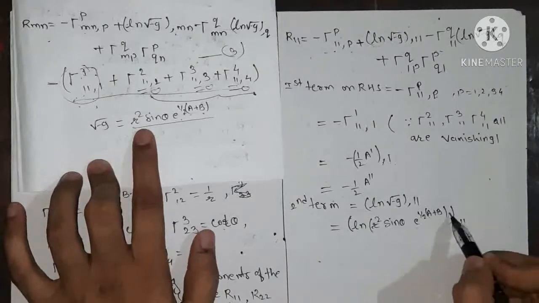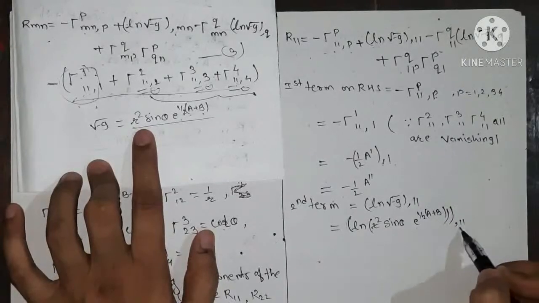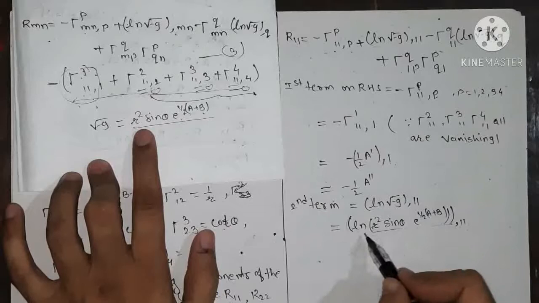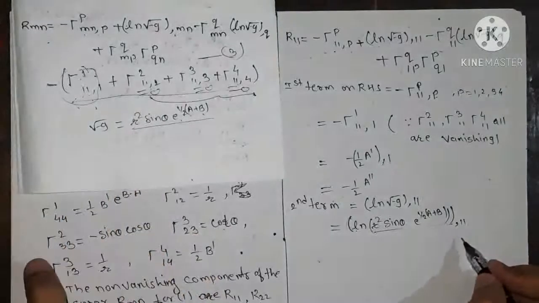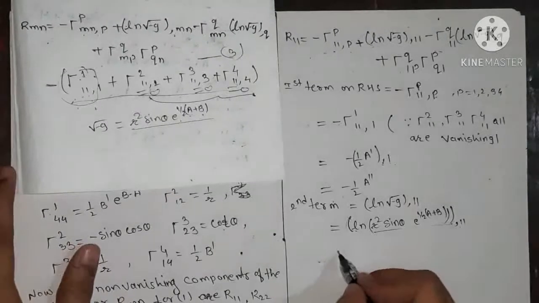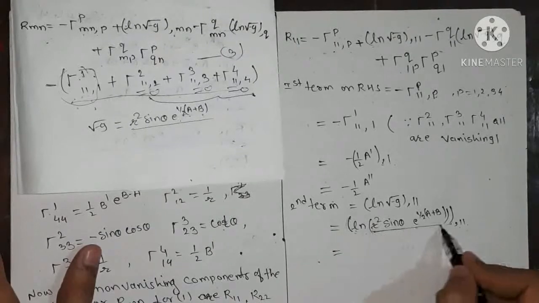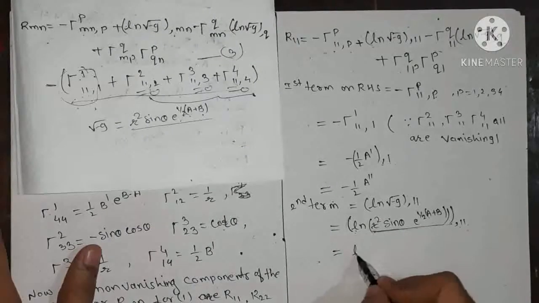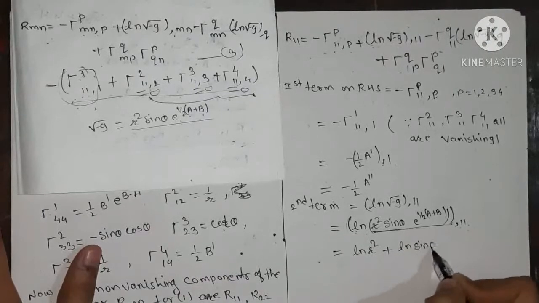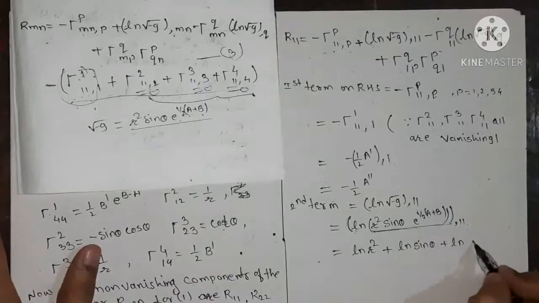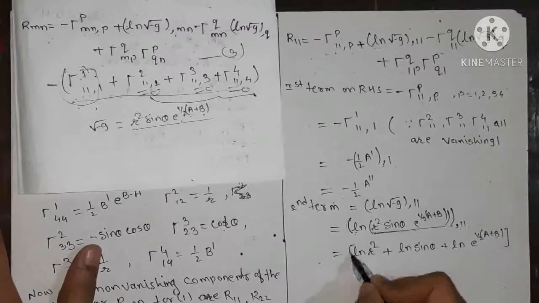We know that log of m into n is equal to log of m plus log of n. Using the logarithmic rule, since everything is in a product, we have log of r square plus log of sine theta plus log of e to the power 1 upon 2 a plus b, comma 1 1.